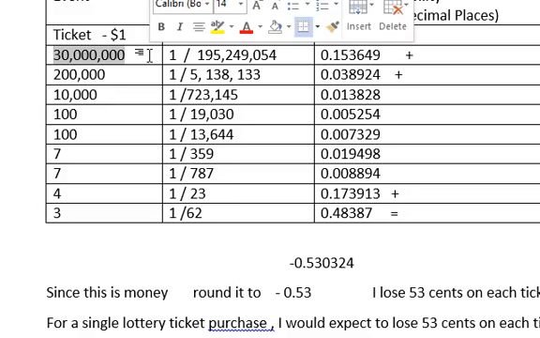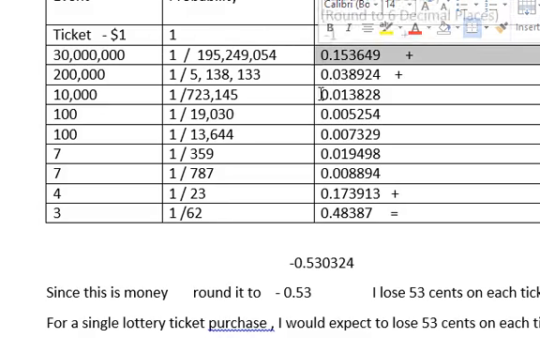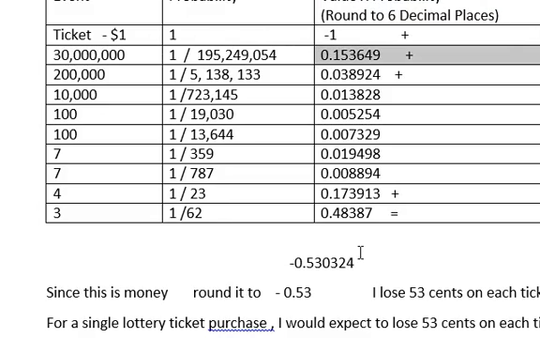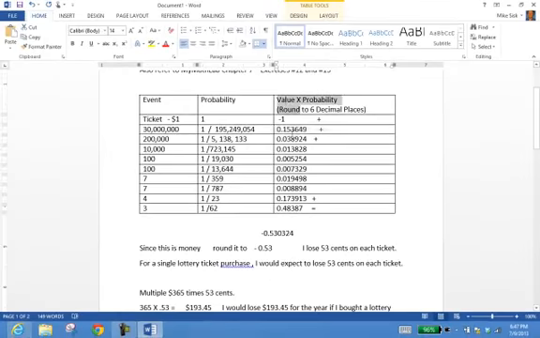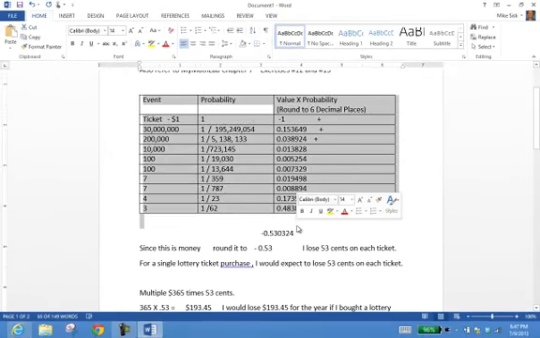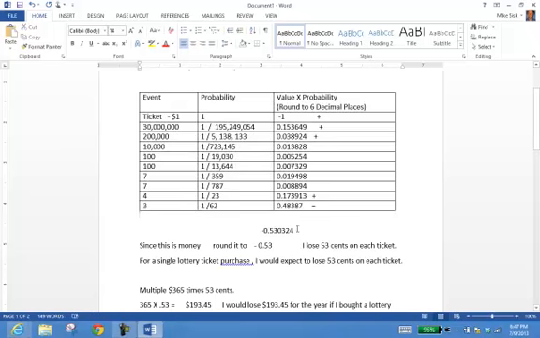You would just do this one with $10 million instead of $30 million. So this is the only number that would change. And then do your arithmetic, add that column right there together. See how much you would lose per day. It'd be a certain amount of cents as opposed to many dollars. And then multiply it times 365. Hopefully this video helps out. If it doesn't, please contact me.